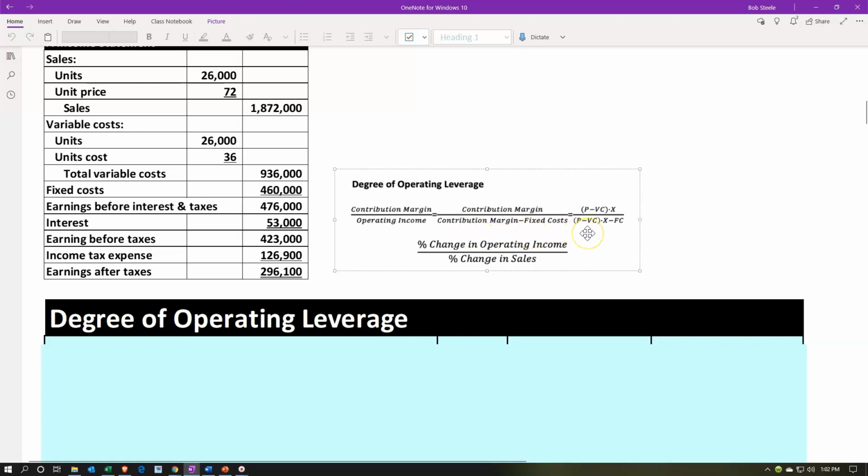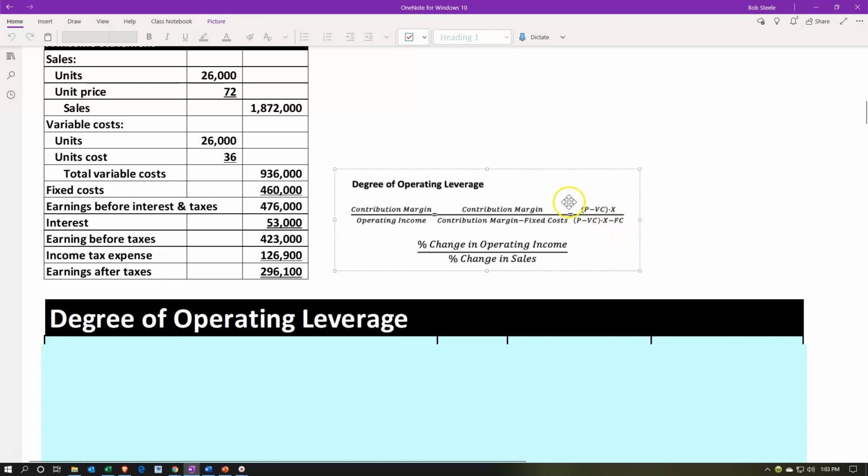And then we're going to have the calculation. You could think about it this way in terms of a formula, which would basically be calculating the contribution margin. There's a couple ways you can do it. You could take the total sales minus the total variable cost, or you can take the unit price minus the unit variable cost, which would give you the contribution margin per unit, and then multiply it by X, being in this case the units, the number of unit sales we have, divided by the contribution margin, same first half of the formula, that's just calculating the contribution margin again, minus the fixed costs.